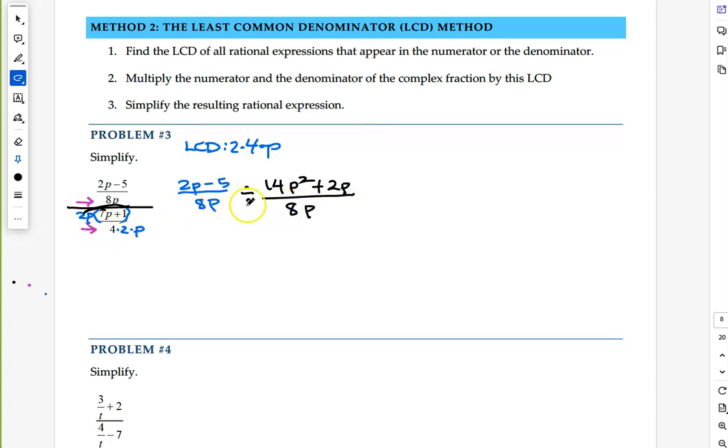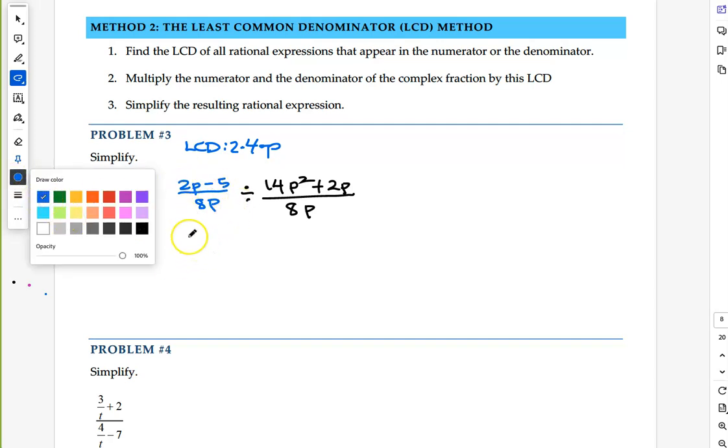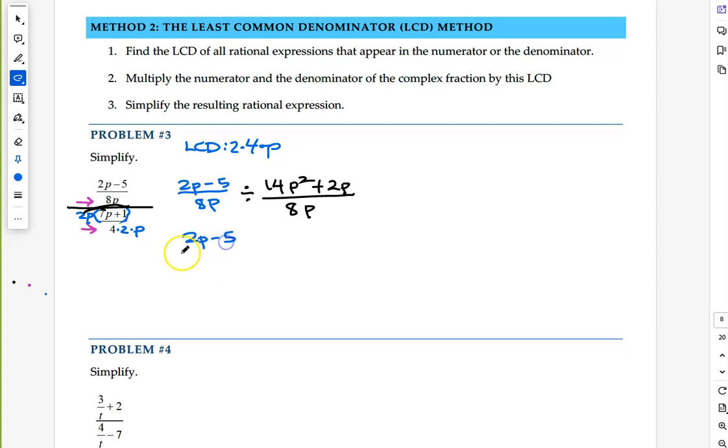All right, so I can see that I've got both of these denominators the same. So I'm going to keep that first fraction, 2p minus 5 over 8p. Change the divide to multiply, and do what with that second fraction? Flip it. Even though I multiplied these through, it may have been easier to leave them separate, because there might be something we can do to divide out.